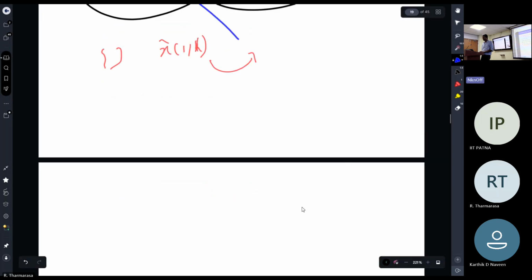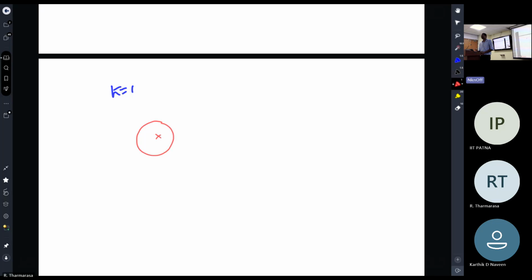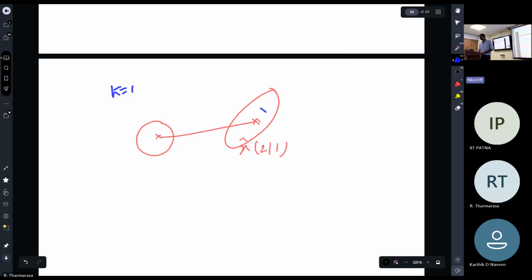At k equal to 1, this has this. Then you do the prediction, and say that is like this. Then the update comes here.